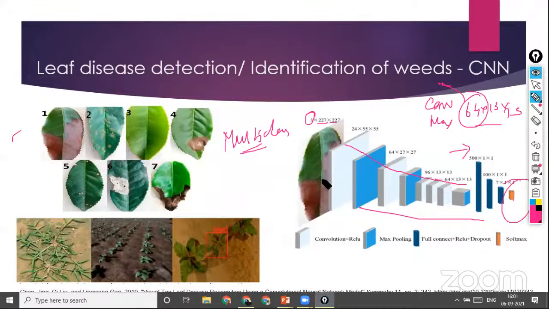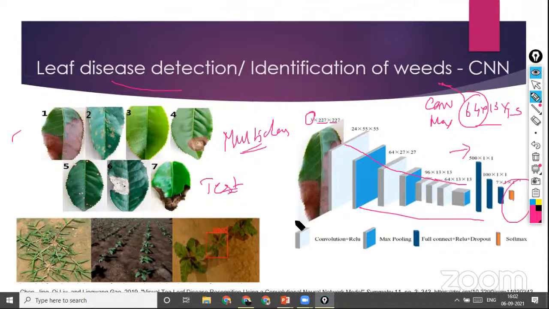Once it has learned, you can use the test data, maybe a separate test data available. You feed the test data and see the performance of your model. When you use this kind of network, you don't require any feature engineering. So that's an advantage. That is one case study, leaf disease detection, and we can use another case study here, that is identification of weeds.